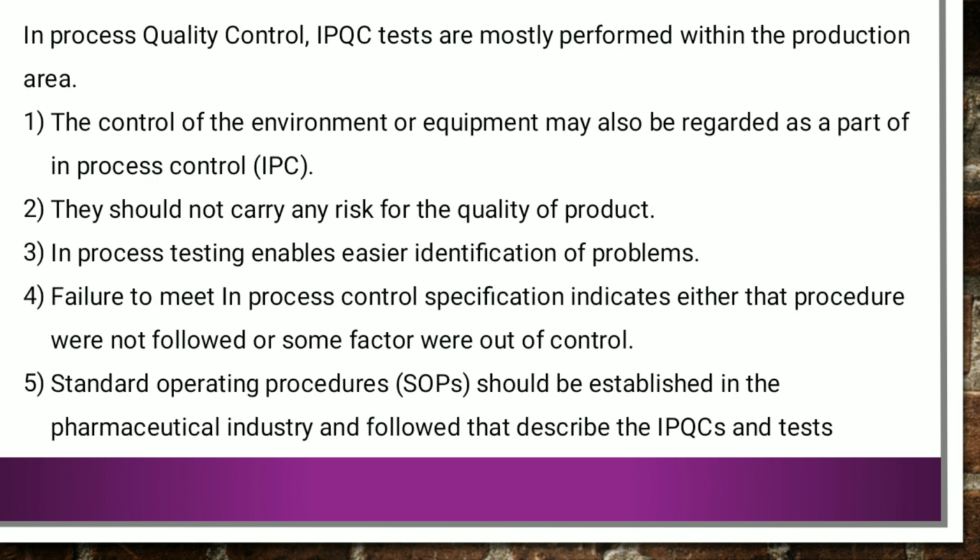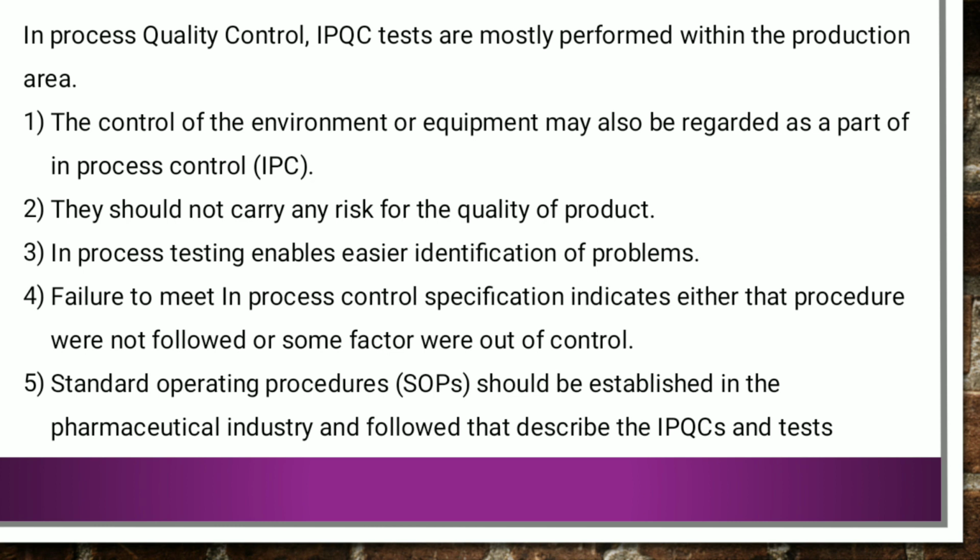Then in-process quality control tests are mostly performed within the production area. The control of the environment and equipment may also be regarded as part of IPC, that is, in-process control. Then they should not carry any risk for quality of the product. Then in-process testing enables easier identification of problems.